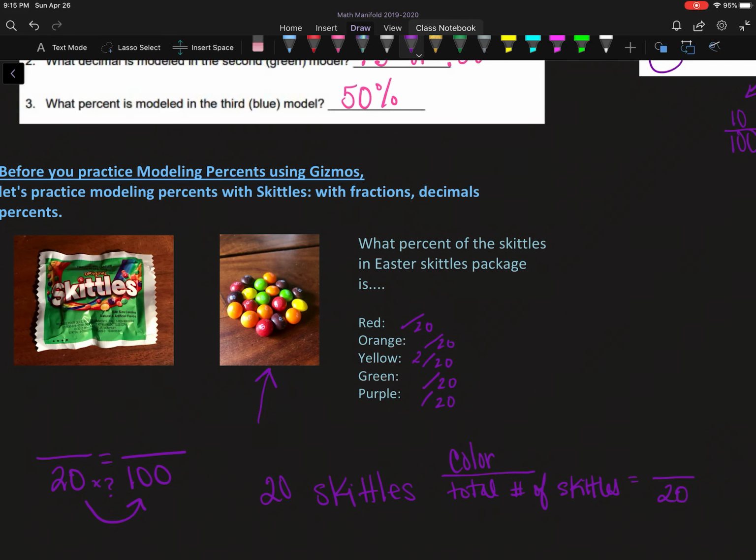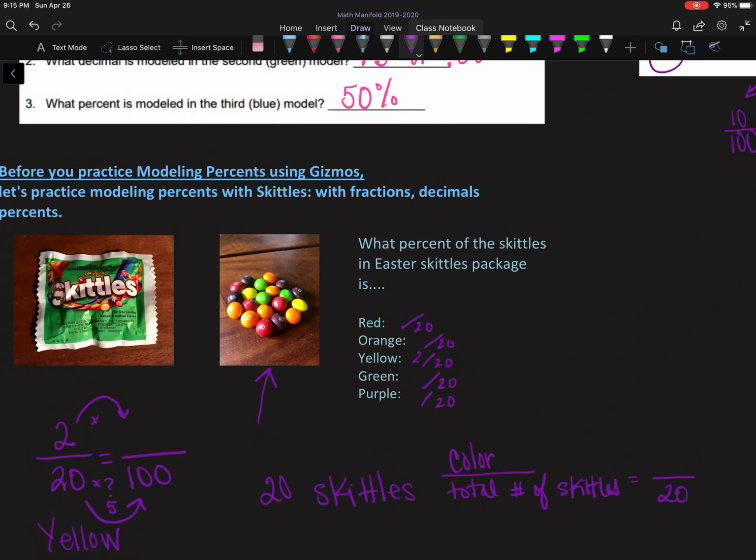But there are 2 yellow to start. If I represent my yellow Skittles as 2 out of 20, I have to think, okay, 20 can go into 100 how many times? And whatever I do to the bottom, I have to do to the top. That's going to give me my percentage.